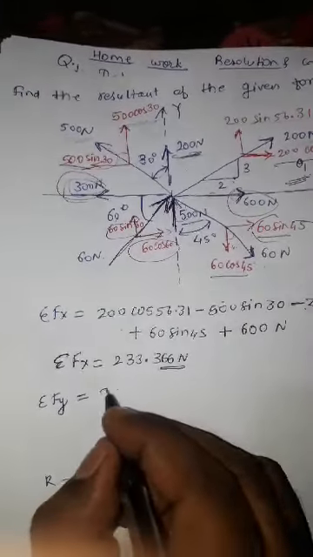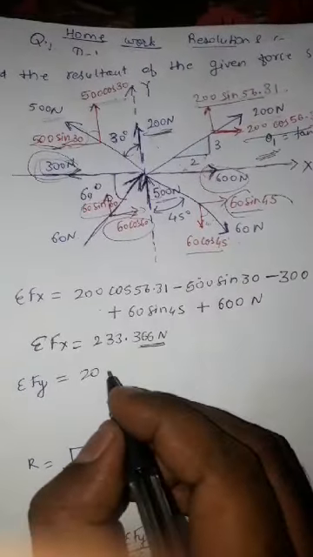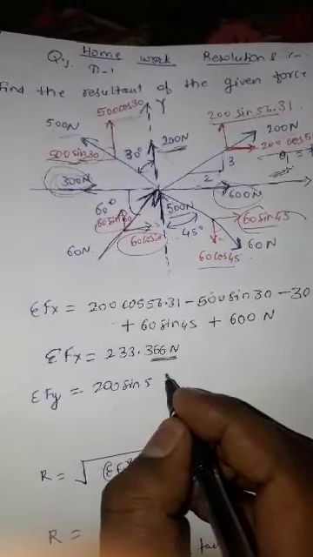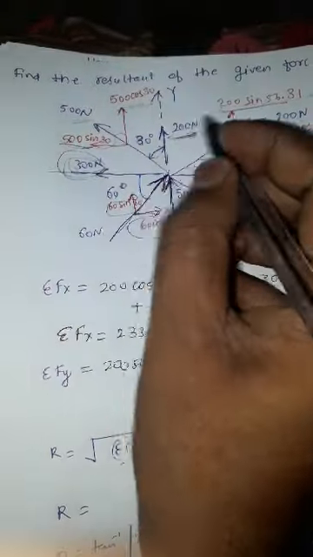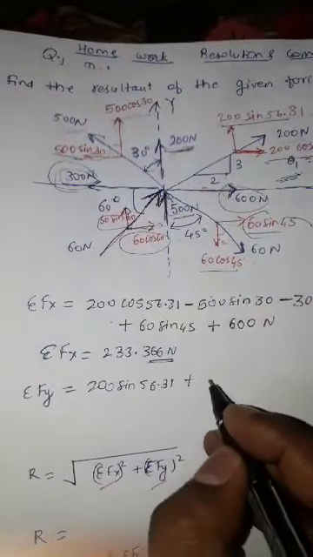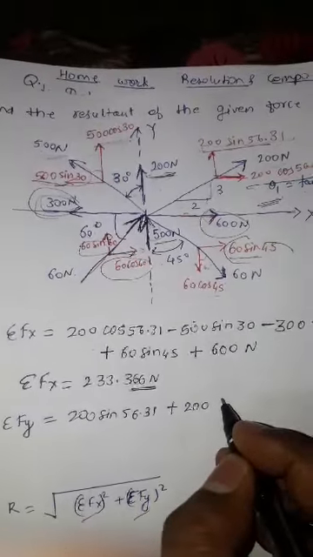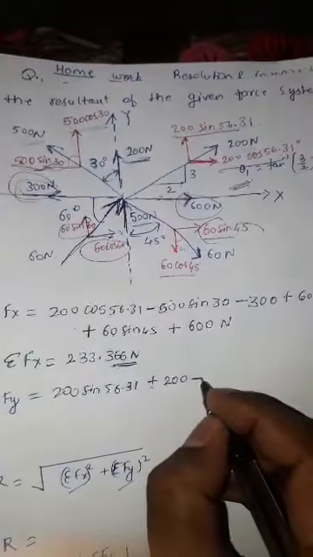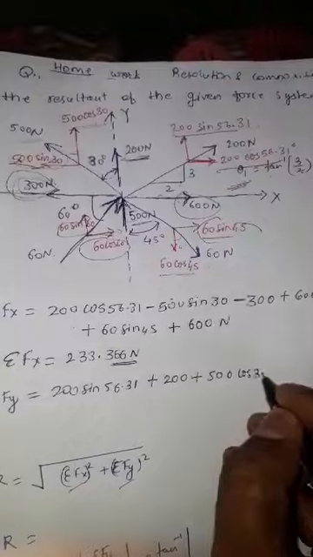Initially I am considering this 200 force first, it is vertically upward, so positive 200 sin 56.31. Next I am considering this 200 as it is, vertically upward, so positive 200. Next, this component 500 cos 30 is vertically upward, so positive 500 cos 30.